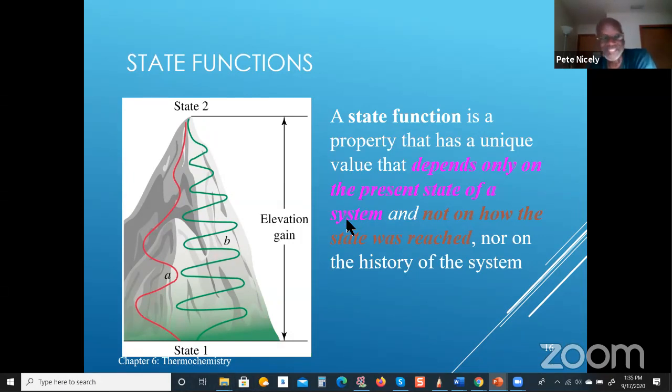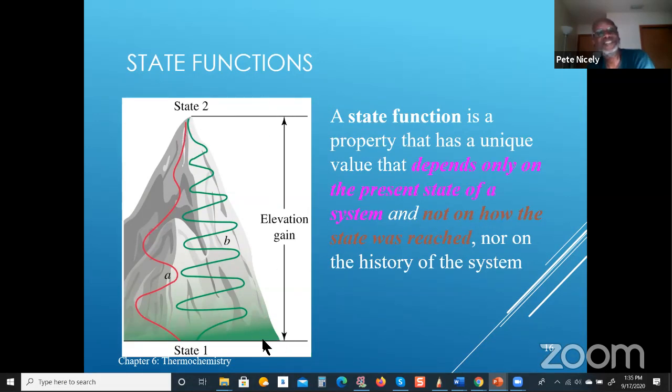So just using that as an example, the internal energy depends only on the present state of the system and not on how the state was reached, right? So if you have, let's say, state 1, and you have a certain internal energy value, it doesn't matter if you went through a more complicated route to get to state 2 or a simpler route to get to state 2, the internal energy at state 2 will be independent of the route that you take, all right?